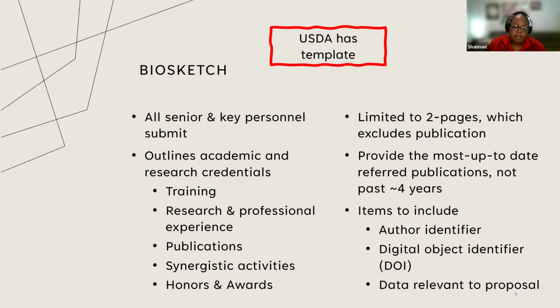It took me a while for that to catch on. I kept saying, oh my God, I'm over 2 pages. But knowing that information is critical for you. You are able to go past those 2 pages with appropriate listing of publications. There is a limit when providing the most up-to-date refereed publications.